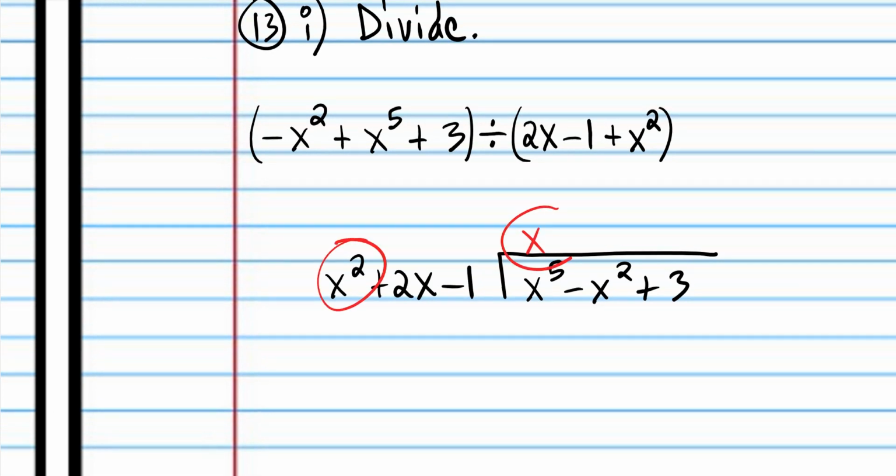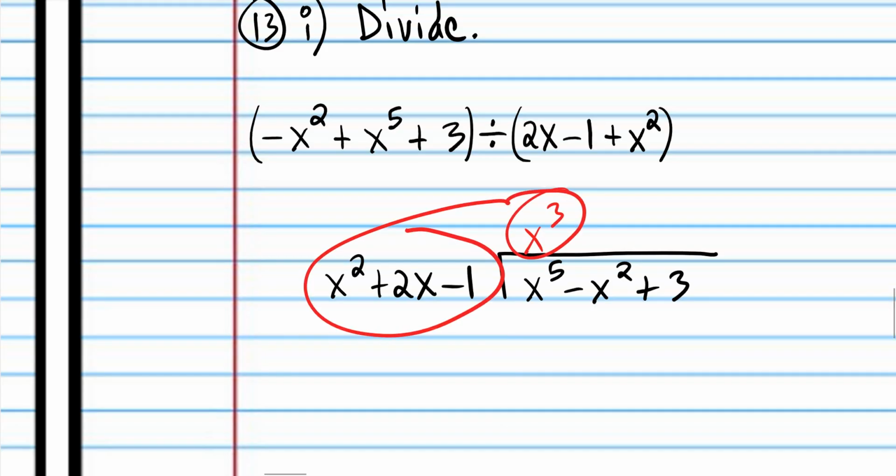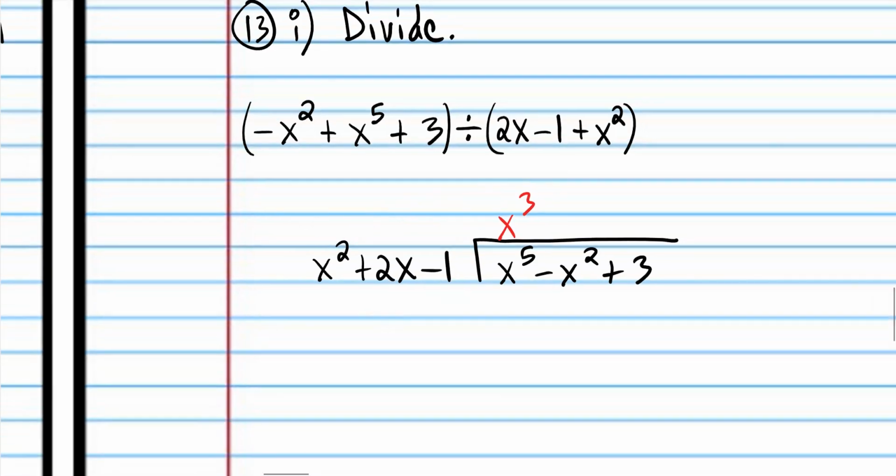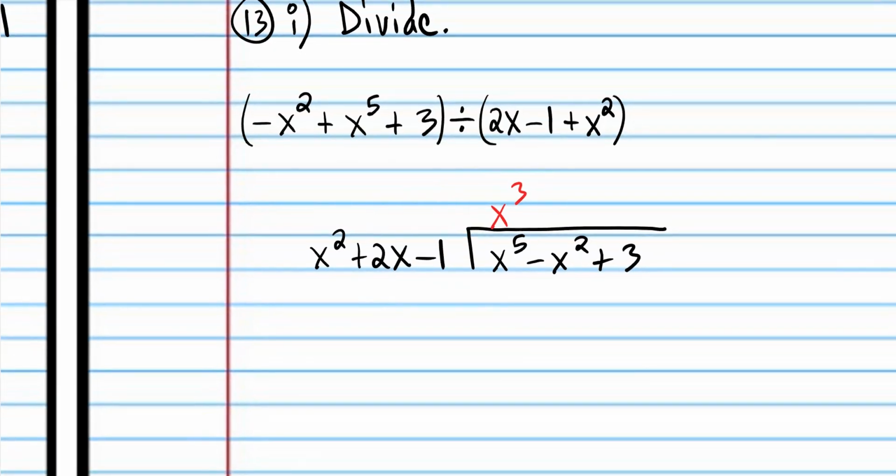So x times what is equal to x to the 5th power? Well, that's just going to be x cubed. Alright, so x cubed times all of this, that's the second step, is going to be x to the 5th power.